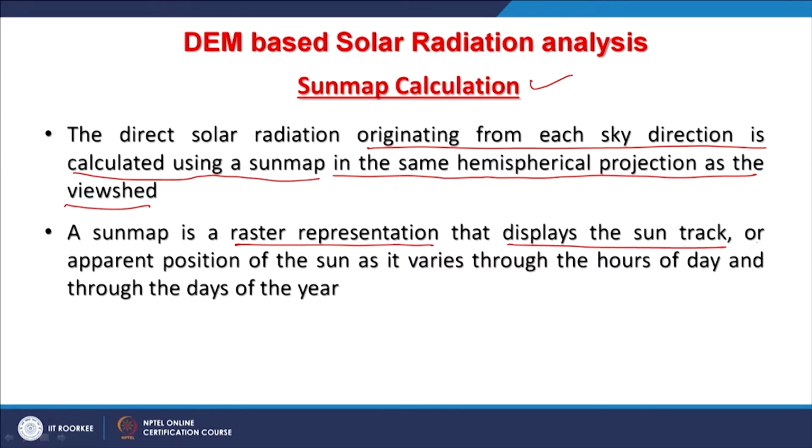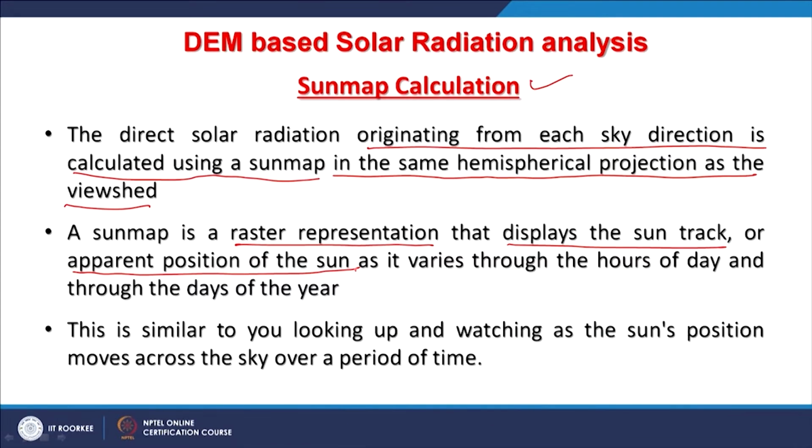So the sun track, or apparent position of the sun, varies through the hours of the day and through the days of the year, because seasonal effects also play a very important role. These things are considered while doing the sun map calculation, similar to looking up and watching as the sun moves across the sky over a period of time.